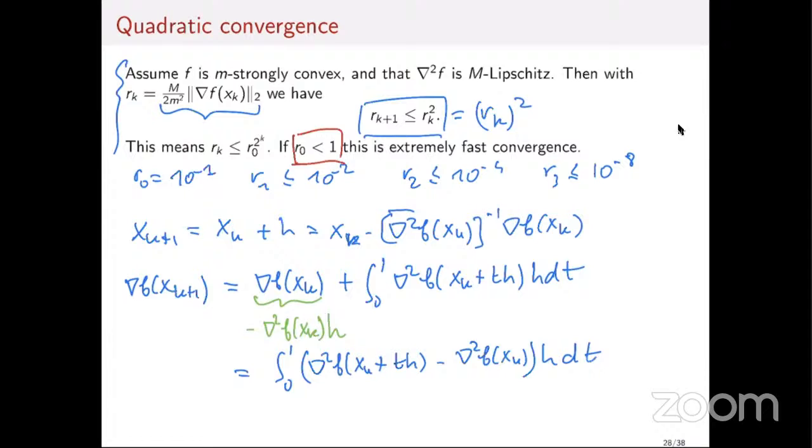Outside of this, the behavior of Newton's method can actually be bad. You can find examples where Newton's method doesn't even converge if you start far enough from the solution and if you use a unit step size. That's why in general one needs to put in a step size and not use the default version of taking tk equal to 1, so that it converges globally.